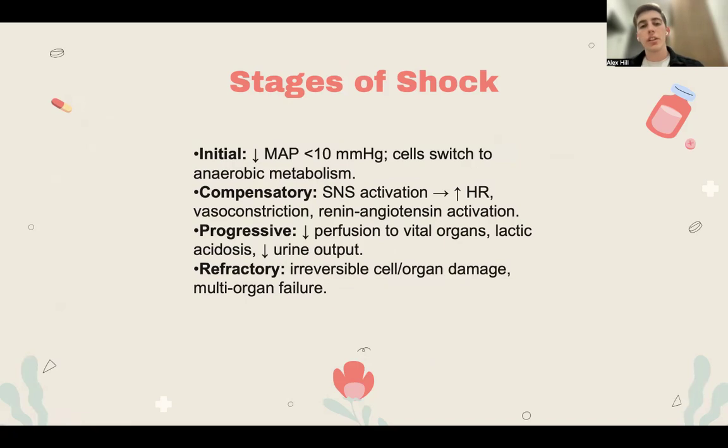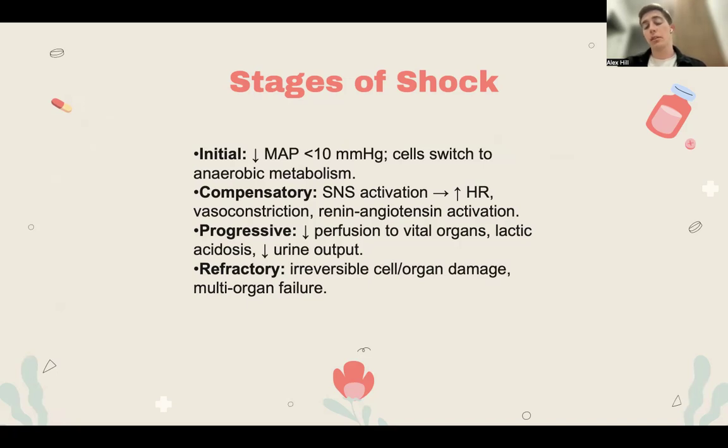So you have the different stages. In general, initially you're going to have a decreased MAP, and your cells are going to start switching to anaerobic metabolism, creating that lactate. Compensatory mechanism, your sympathetic nervous system is going to activate. Now, in some cases, like neurogenic shock, for example, it might not be able to do this.